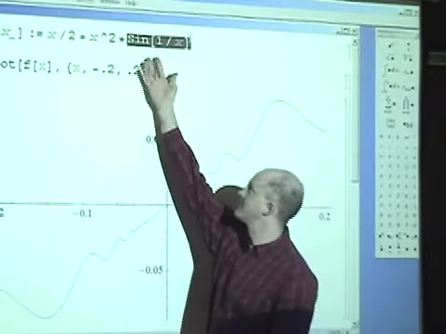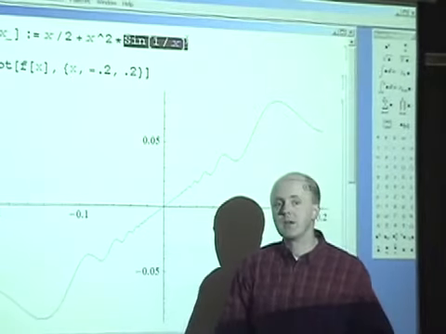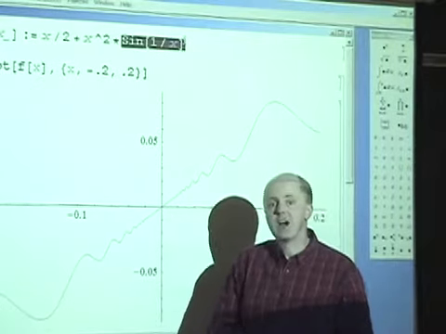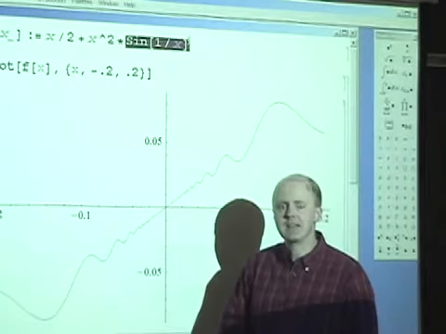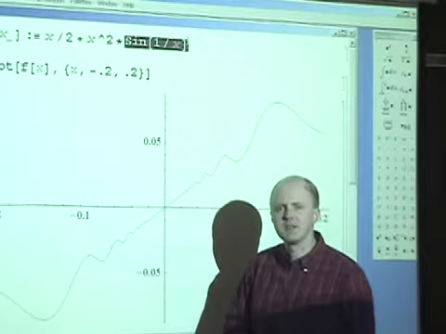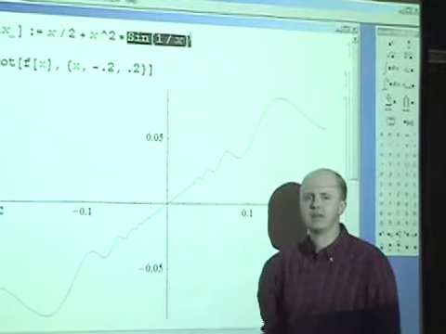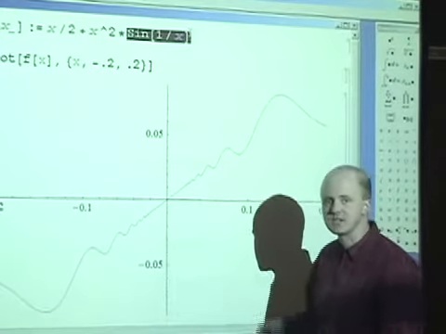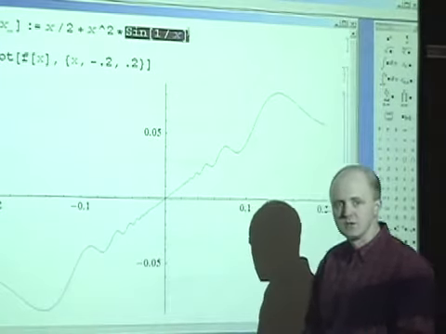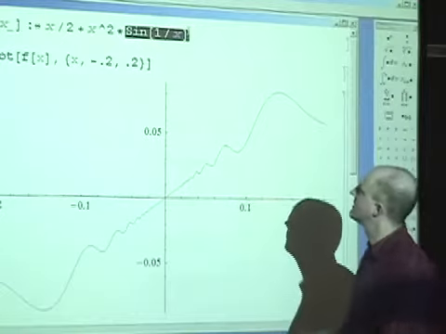As the argument of the sine function continues to get bigger and bigger like that, the sine function has to oscillate. In fact, I guess infinitely often as we approach 0. Now, you can't literally see infinitely many oscillations here with the computer because it just doesn't have enough resolution at the scale that we have.